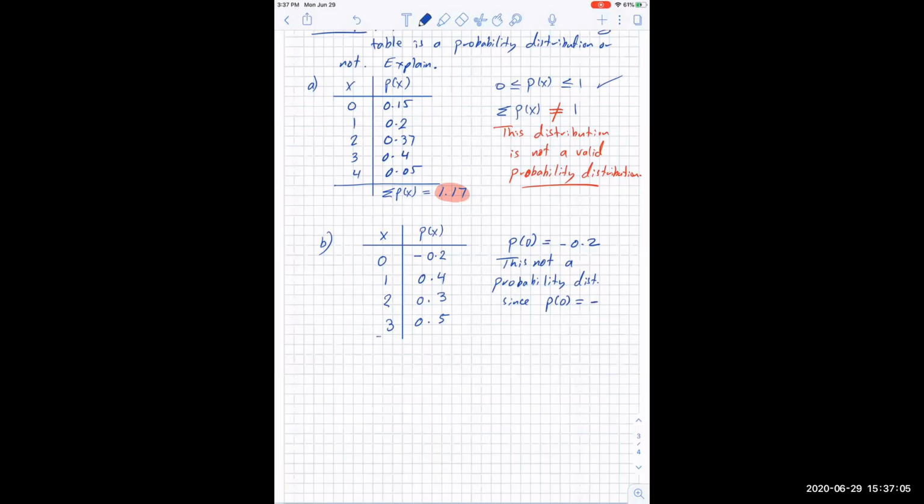Even though the sum is fine, if you add up these values the sum is 1, right? But the second condition is okay, but the first one is not. So this distribution is not a valid probability distribution.